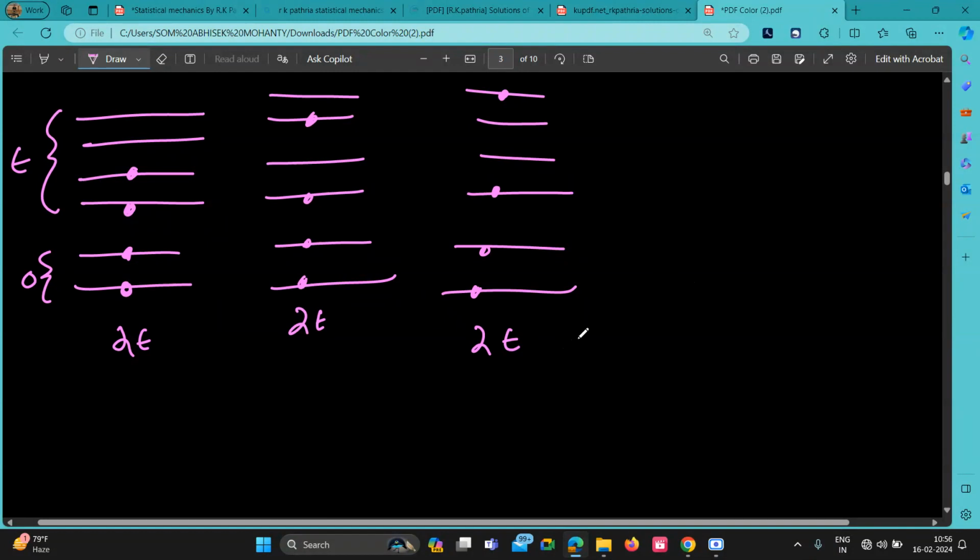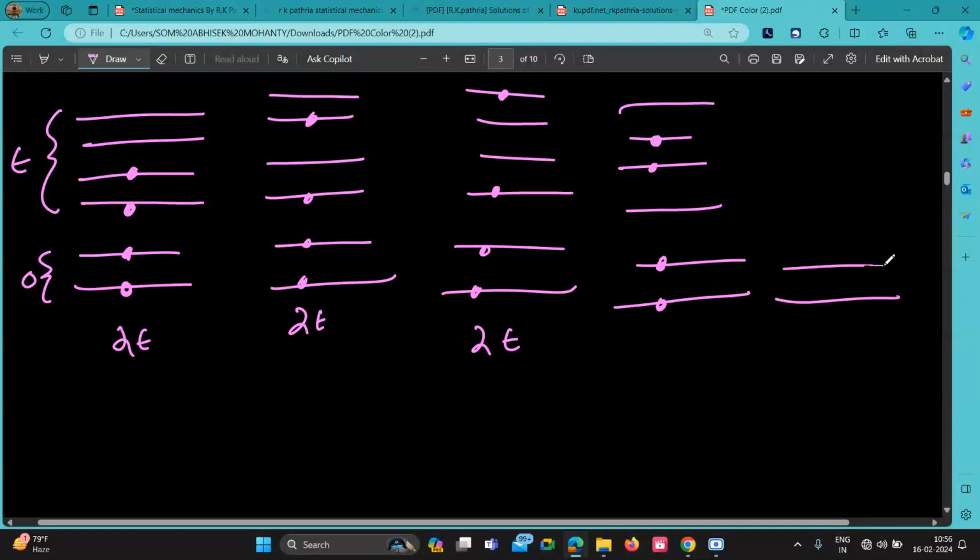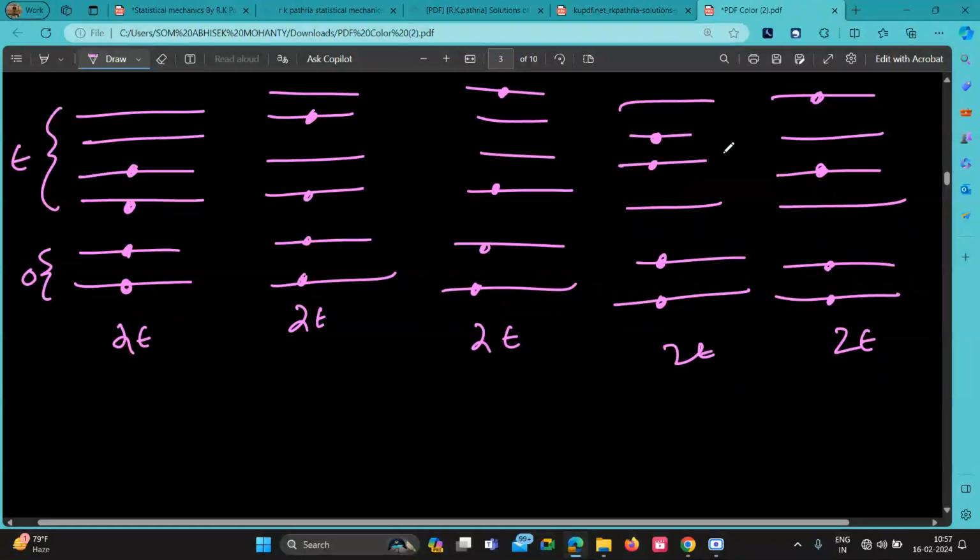Any more 2 epsilons? Yes, I can have the particles, these two here and these two here. This is also 2 epsilon. I can have the particle here and here also, and then one more is there, that is this and this.